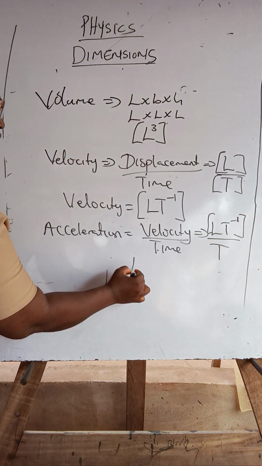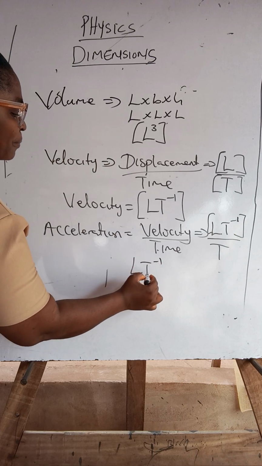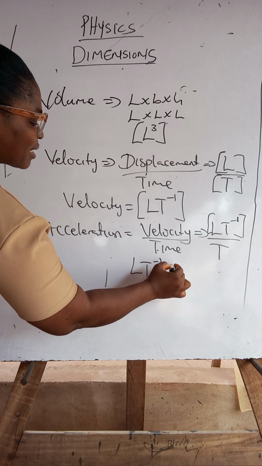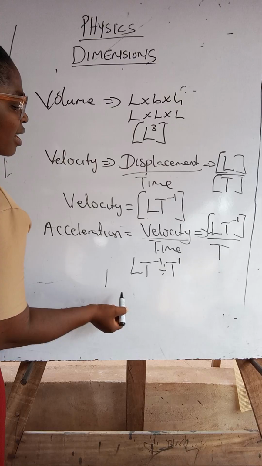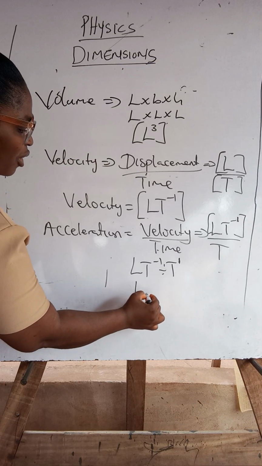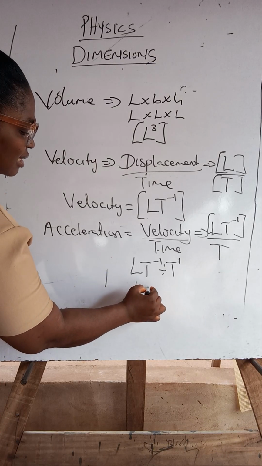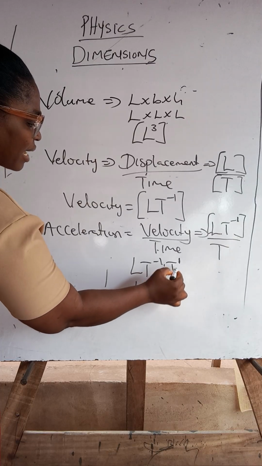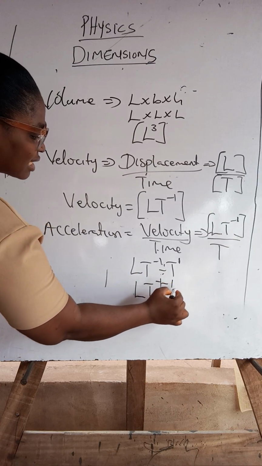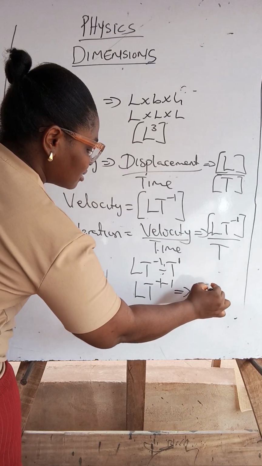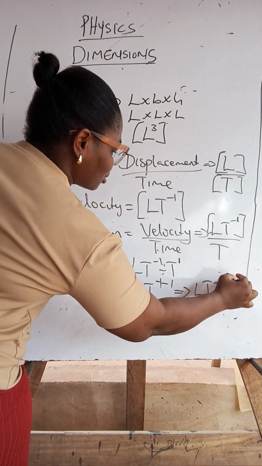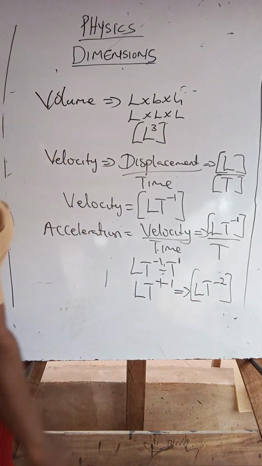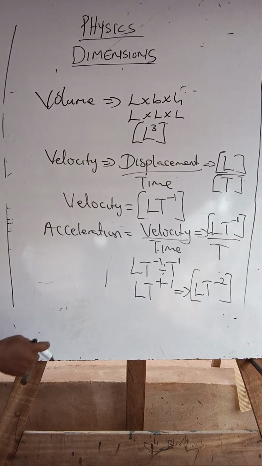And this will be giving us length per time, then divided by time raised to power 1. By law of indices, this becomes LT minus 1, then because of division, minus 1, and this shall be giving us LT minus 2. And that is the dimension for acceleration.